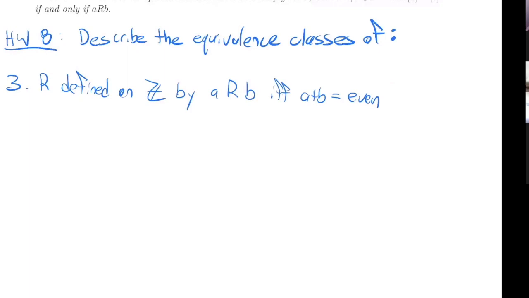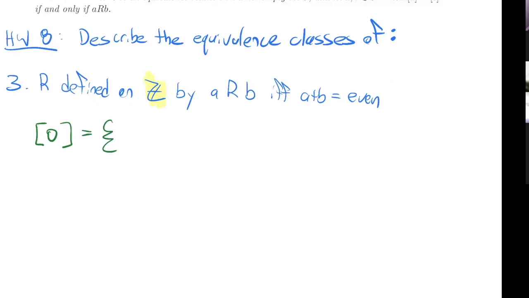So I'll just use that fact here, and let's think about what the equivalence classes would look like. First of all, we've got our set Z, so our elements are just going to be integers. Let's start with the integer 0. Let's think about what the equivalence class for 0 would look like.